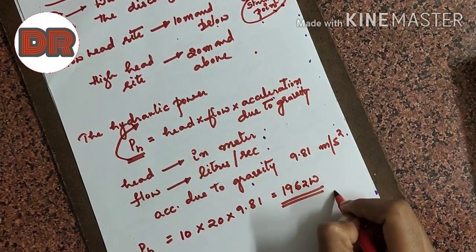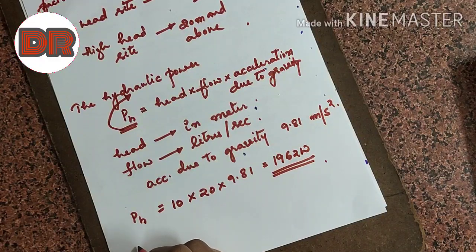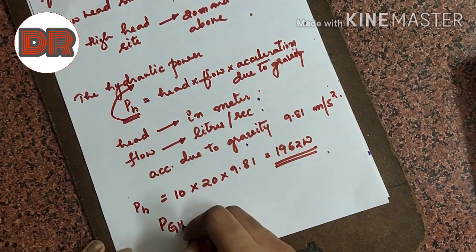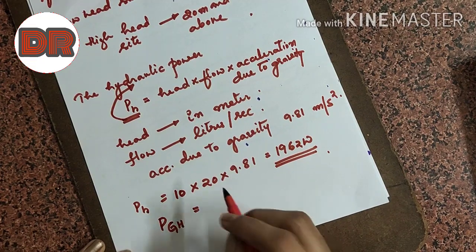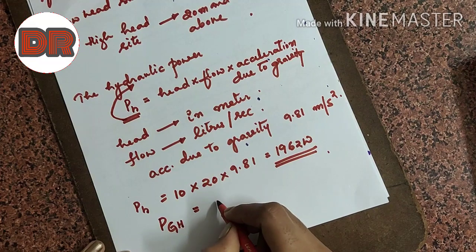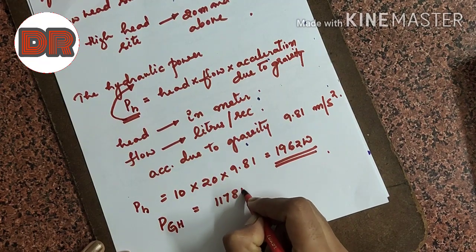Considering 50 to 60% efficiency, the generated electric power from the hydropower plant is around 1178 watts.